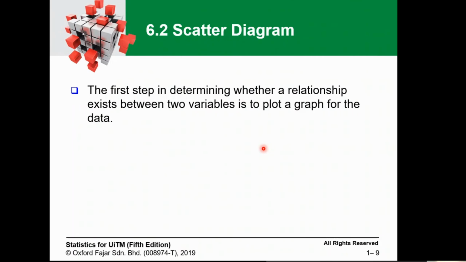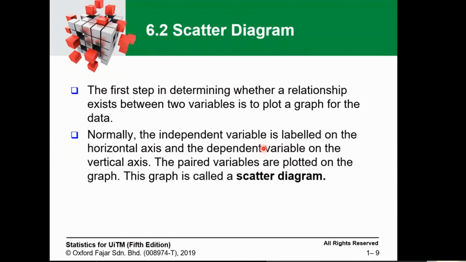So this correlation, as I mentioned, we can explain in what we call a scatter diagram. The first step in determining whether a relation exists between two variables is to plot a graph for the data. Normally the independent variable is labeled on the horizontal axis, and the dependent variable is labeled on the vertical axis. The paired variables are plotted on the graph. This graph is called a scatter diagram.